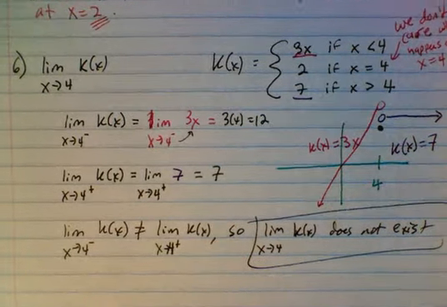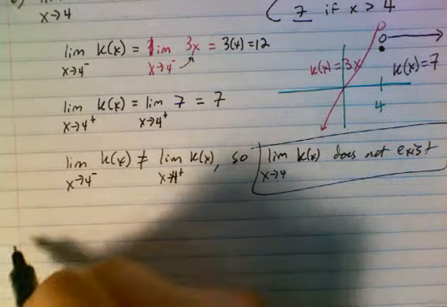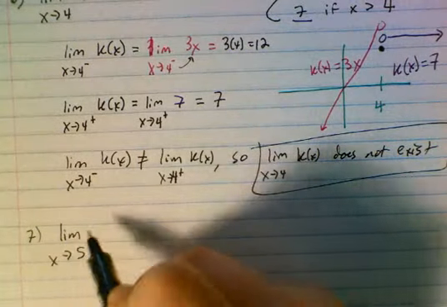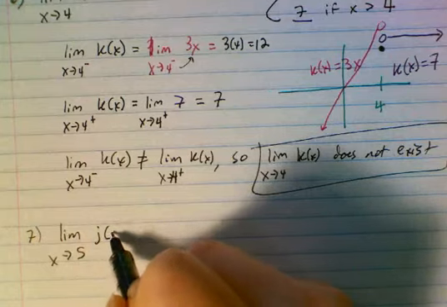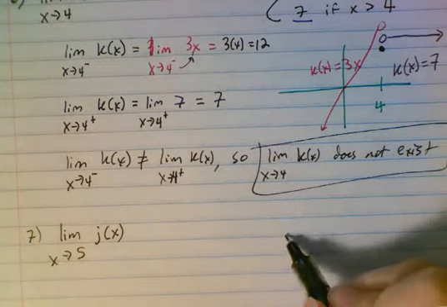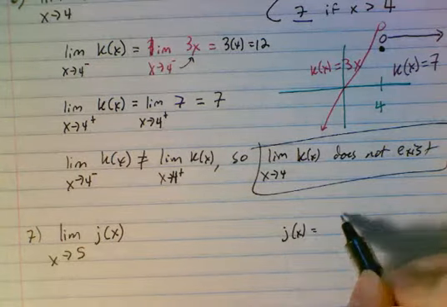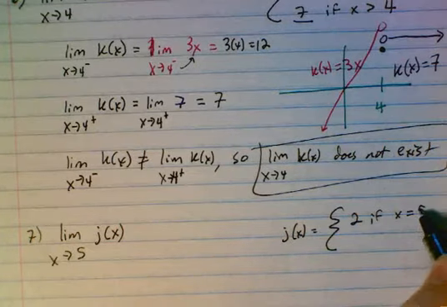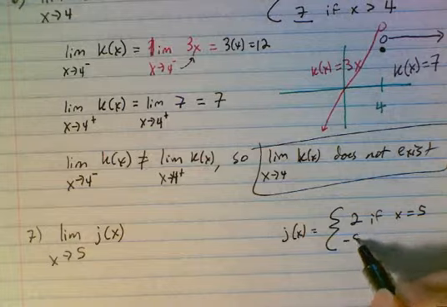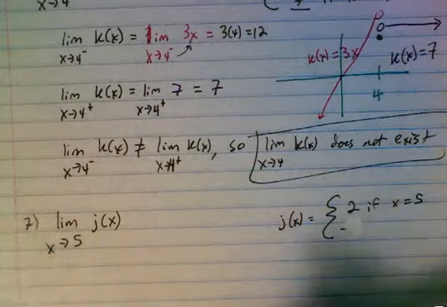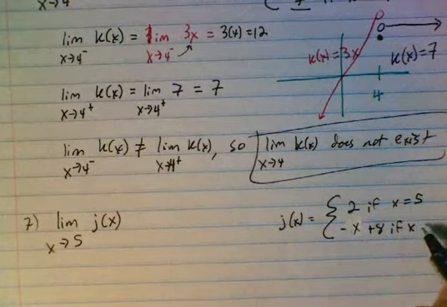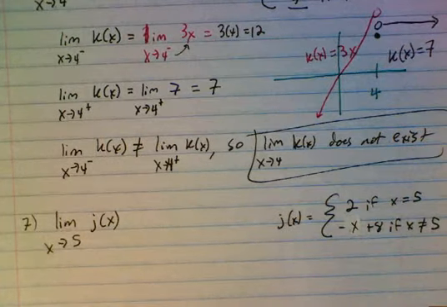The final problem looks just a tiny bit different. Limit as x approaches 5 of j of x, and j of x is going to equal 2 if x equals 5, and it's going to equal negative x plus 8 if x does not equal 5.